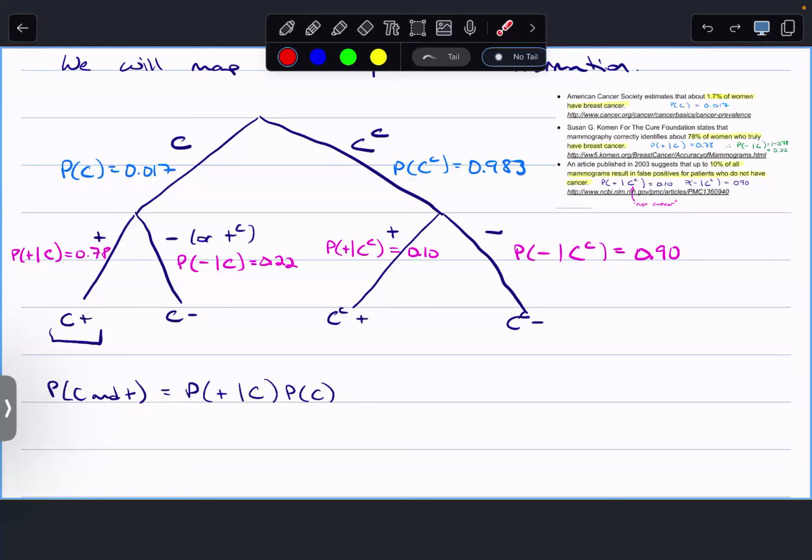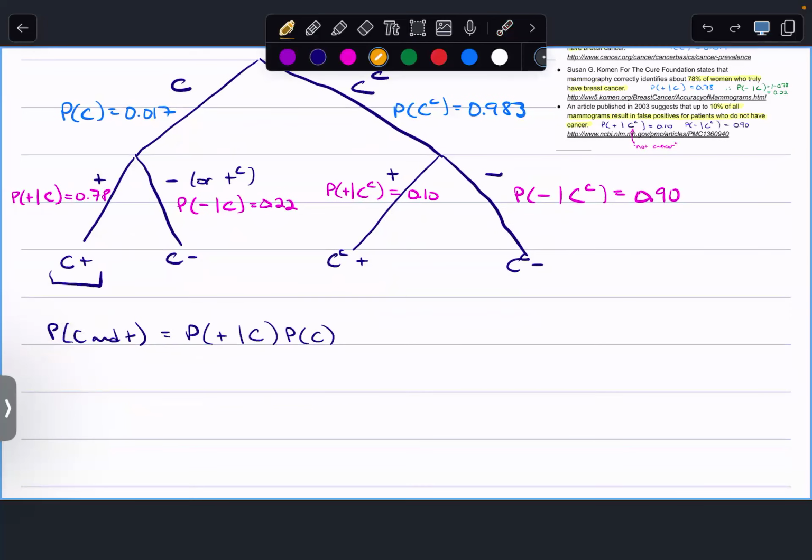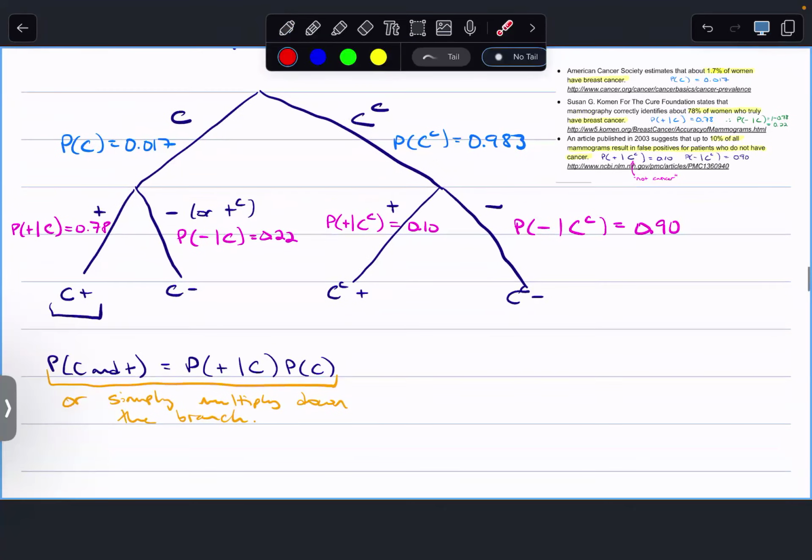And so here I'm going to write, or simply, multiply down the branch. Then the probability of C and plus, so C and positive, is going to be 0.017 times 0.78.